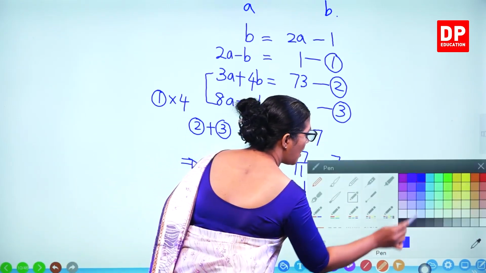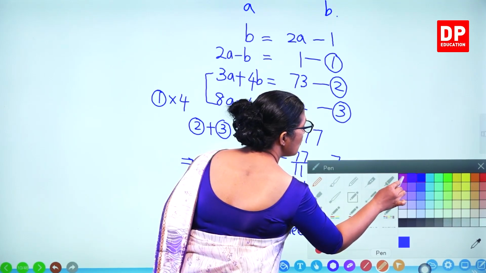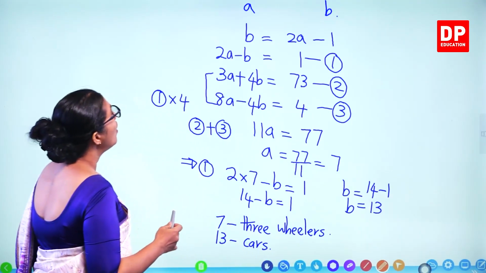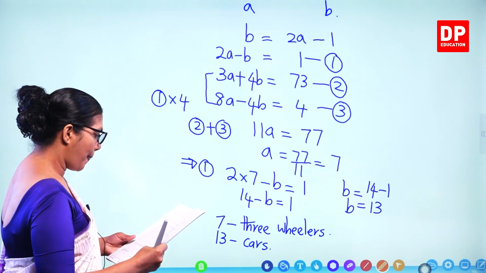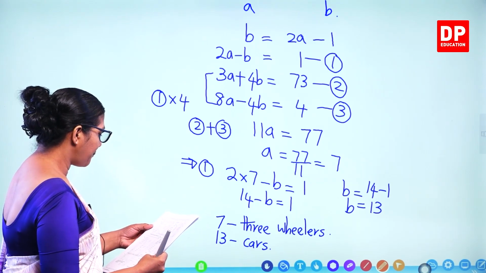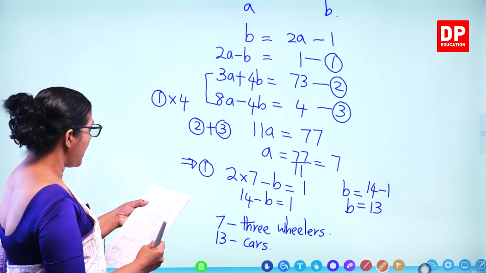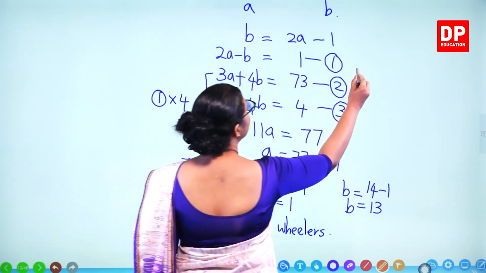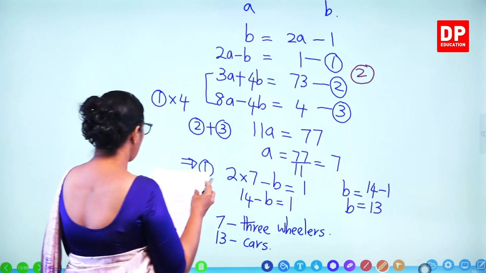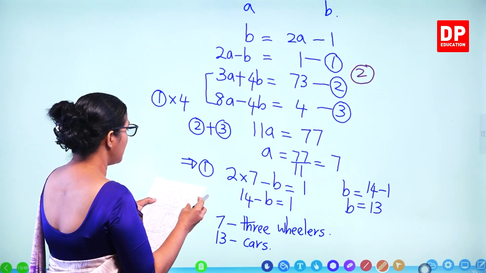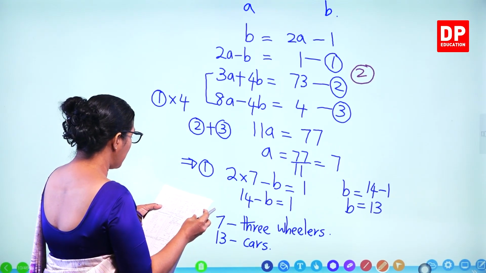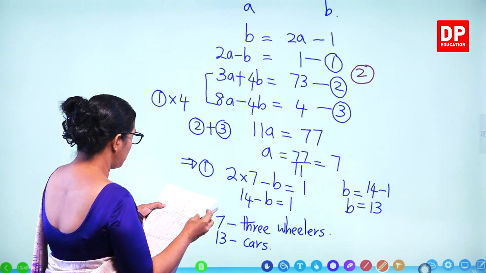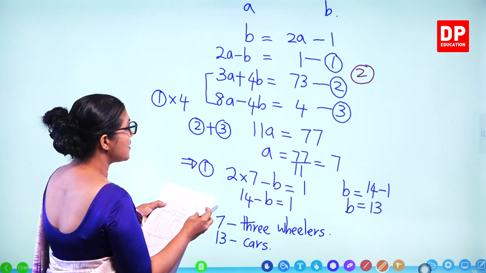So that's the answer. So how many marks for this question? So you get 2 marks for creating the 2 equations, and solving up to x equals 7.